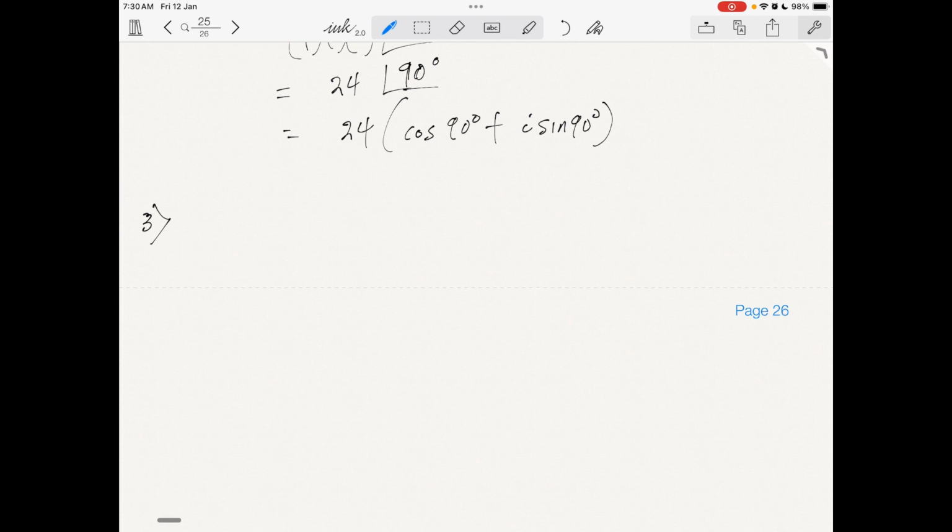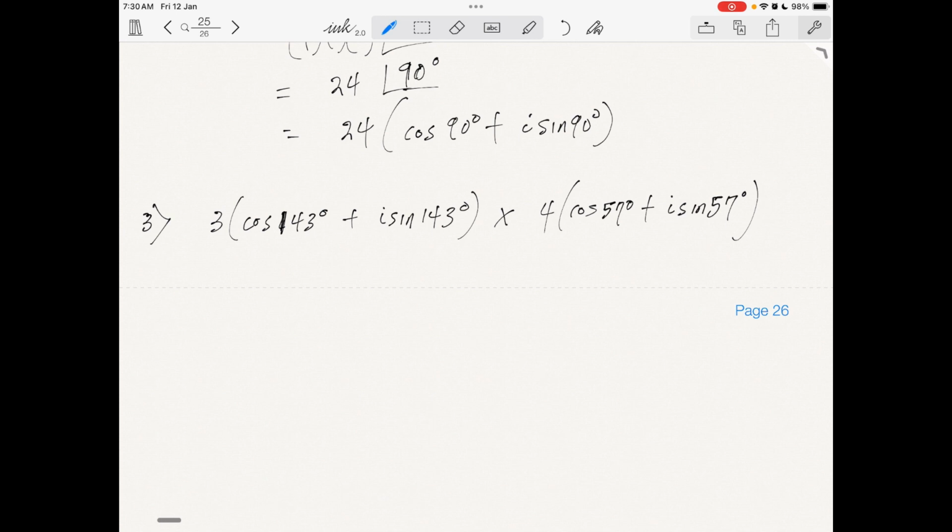We are asked to simplify 3 cos 143 degrees plus I sine 143 degrees multiplied by 4 into cos 57 degrees plus I sine 57 degrees.